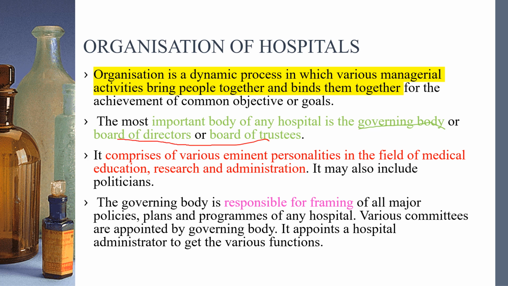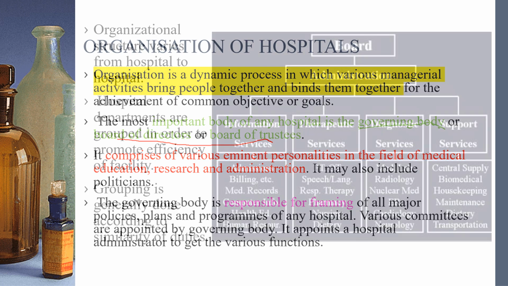Now, these are the people who run the hospital. They comprise various personalities in the field of medicine, education, research and administration. Basically it is a group of people who come together to run a particular hospital. The main job of these people is framing all the rules and regulations of that particular hospital.